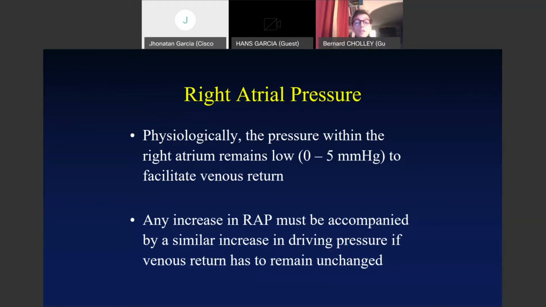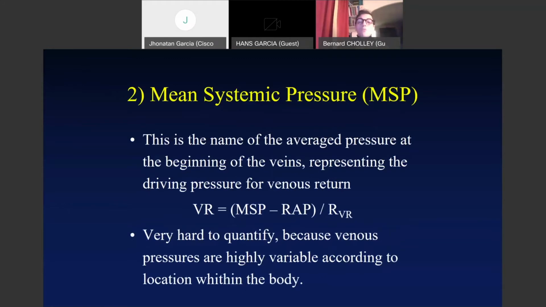If you observe an increase in right atrial pressure, it must be accompanied by a similar increase in the driving pressure, the mean systemic pressure, if you want the venous return to remain unchanged. So the mean systemic pressure is the name of the average pressure at the beginning of the veins, representing the driving pressure for venous return.